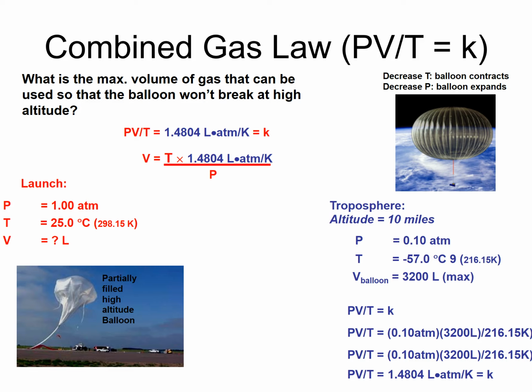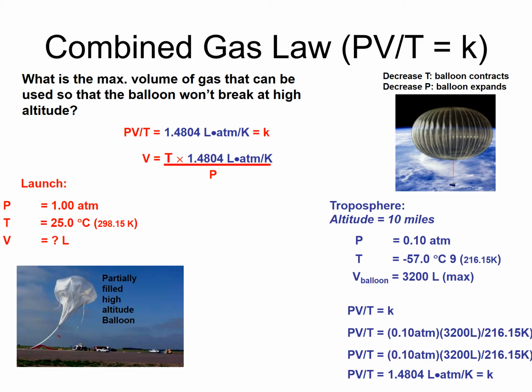We can rearrange this and we can solve for V. If I multiply both sides by 1 over P, the P becomes the denominator, and if I multiply both sides by T, then T winds up in the numerator, and I've got volume is equal to temperature times my combined gas law constant divided by P.